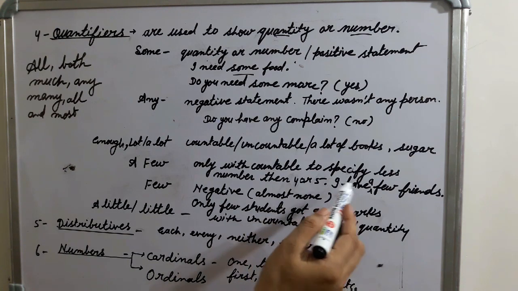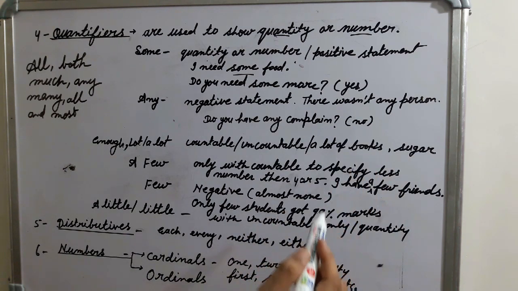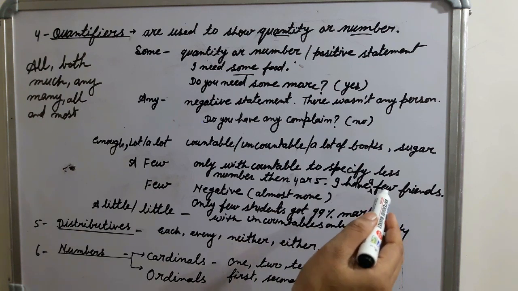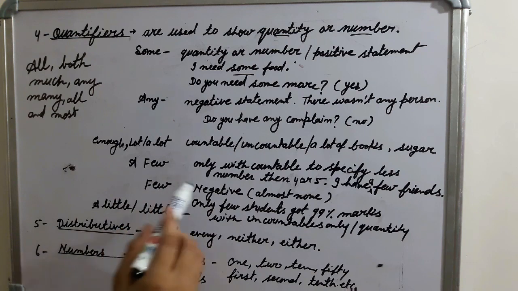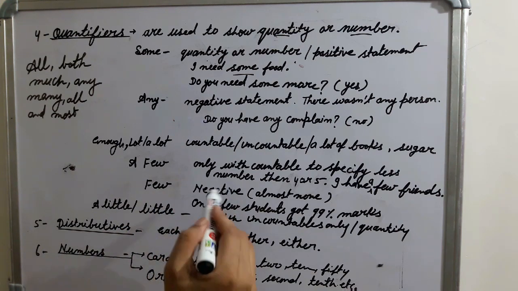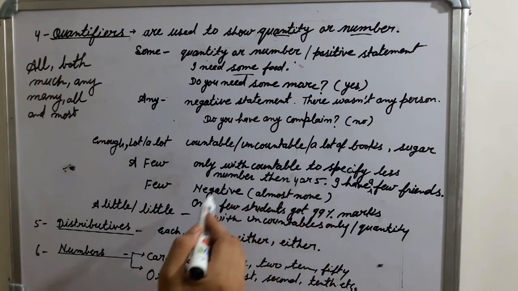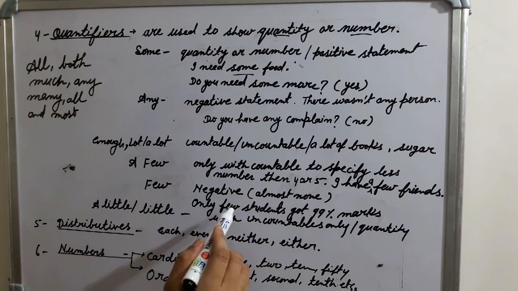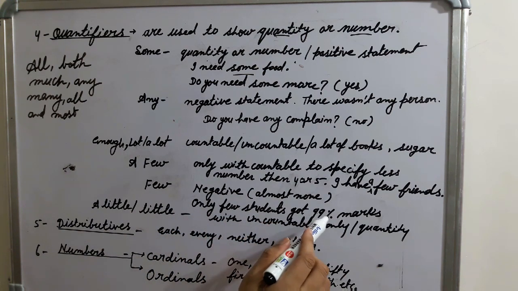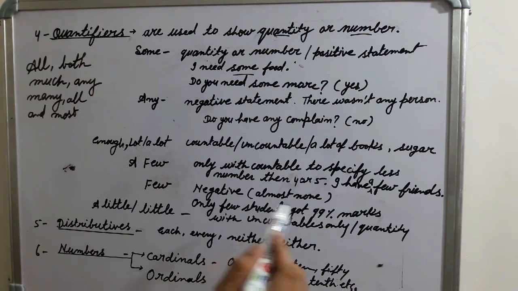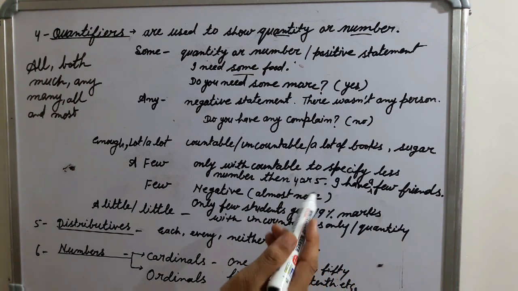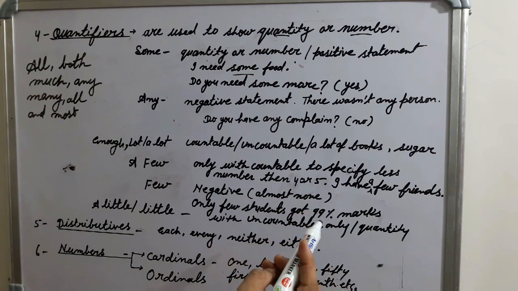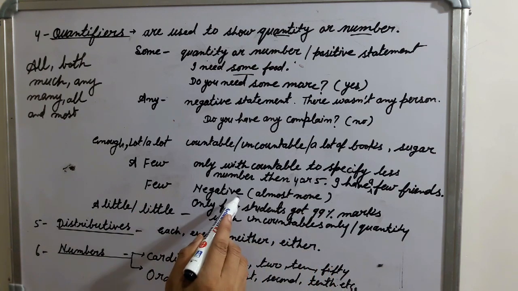For example, I have a few friends. It means I have only 3 or 4 friends. Few is used in negative sense. It means almost none. For example, only few students got 99% marks. It means almost none. The number is very less. So few is used in negative.